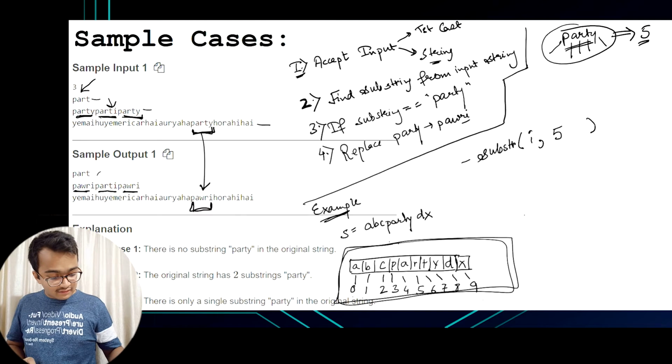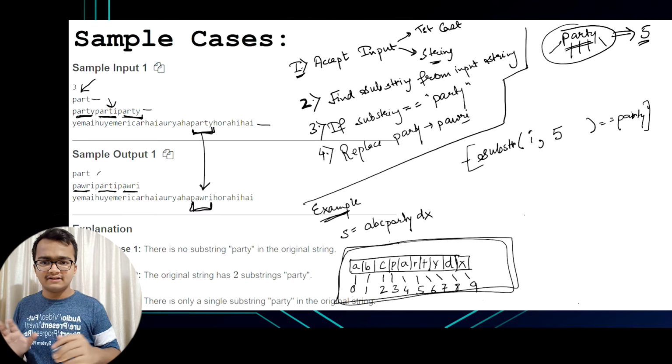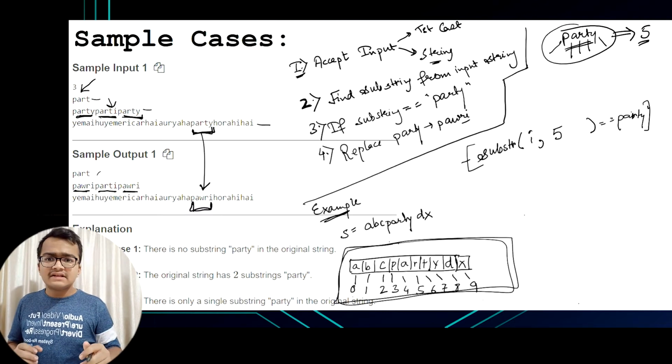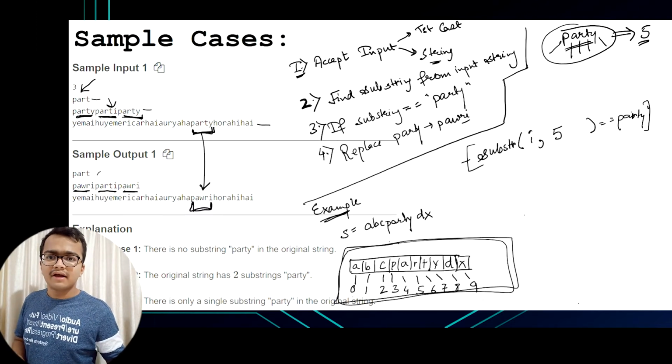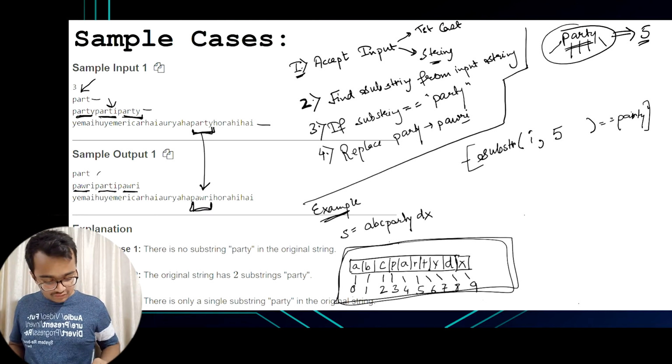Now if this substring function output is equal to party, this is not the correct syntax, I am writing just for your understanding. I will replace the upcoming characters by Pawri. What are the upcoming characters? Say my party is found over here, PARTY.